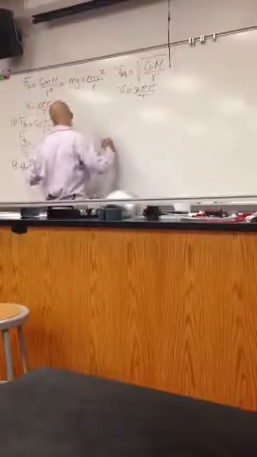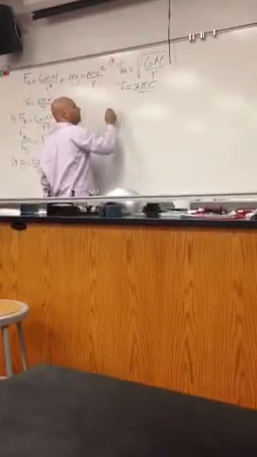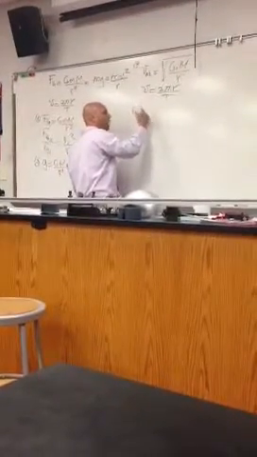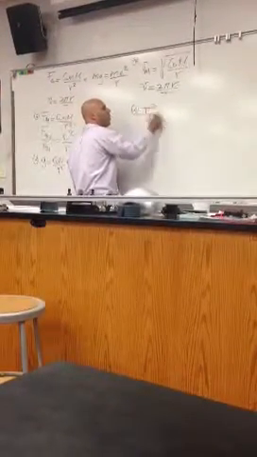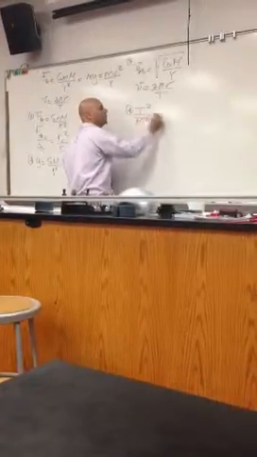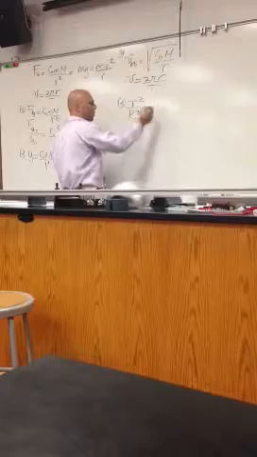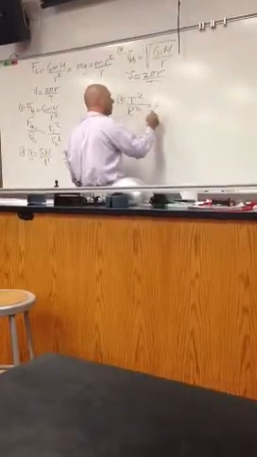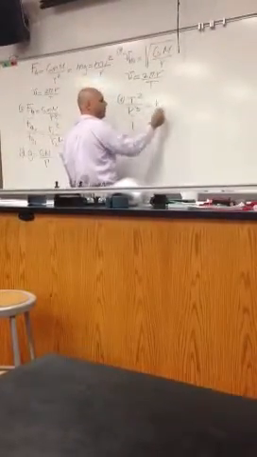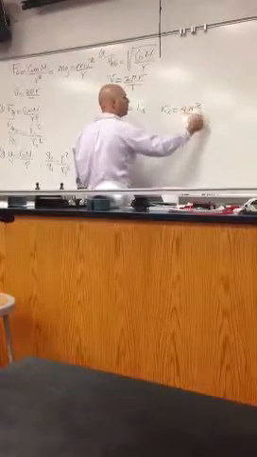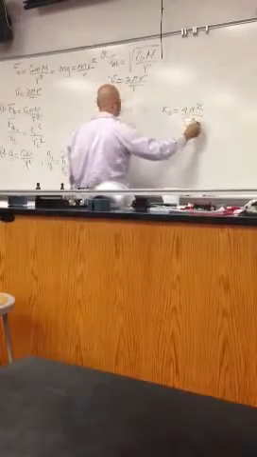And then Kepler's law can be used for one planet, where T squared over R cubed is equal to the Kepler constant, which is 4 pi squared over GM. This is usually a constant.